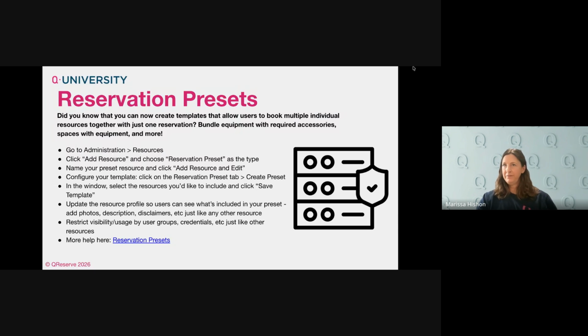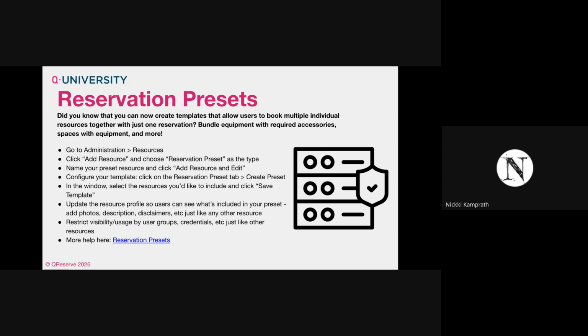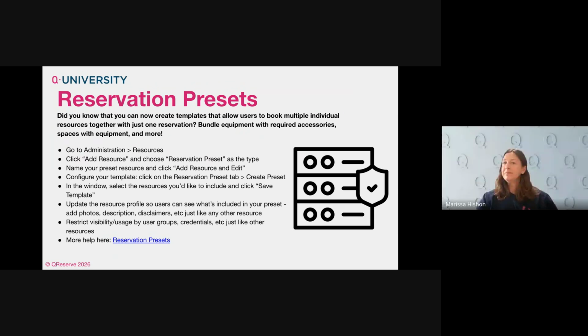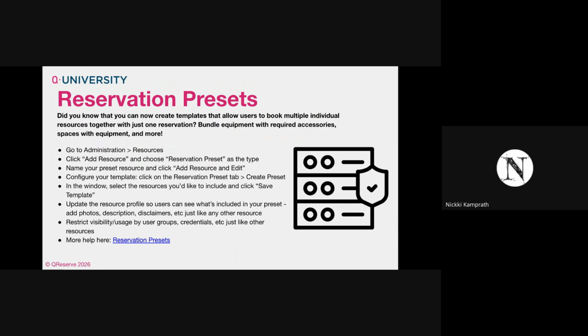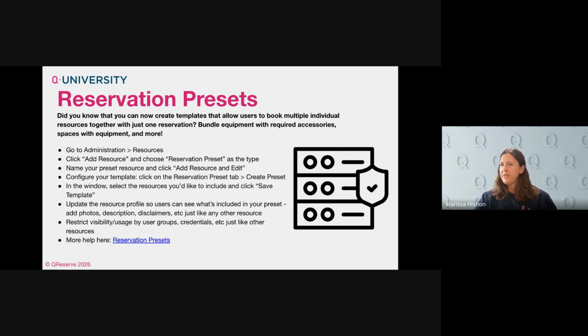Yes, is there a question? Yeah, I was just wondering, for reservation presets, the settings, because you have to make them individually first and then add them into the preset. Correct. Does the settings for the preset override the settings for the individual items? Can you give me an example of which type of setting you're thinking of?